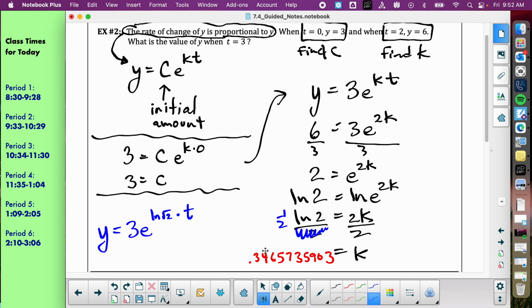There's one last question up there that says, what is the value of y when t is 3? What would we do to figure that out? 4? Perfect. I'm not going to do it because I ran out of space. But that's exactly what you'd do.